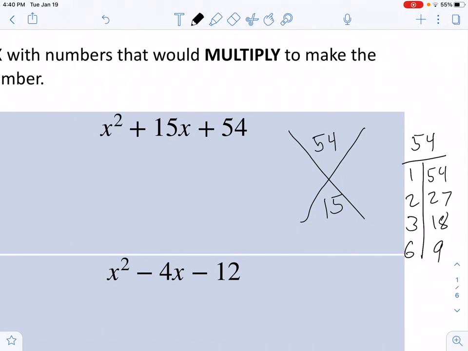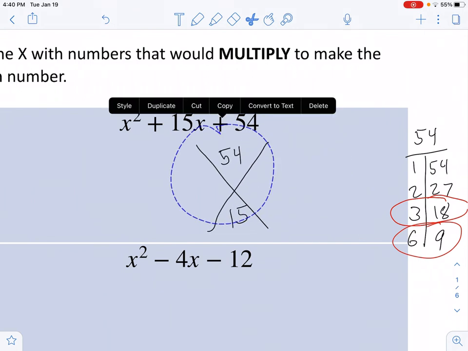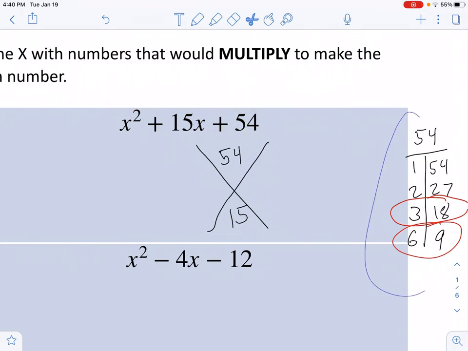So now that I've listed these, again, if you can think of it off the top of your head, that's great. But I know 6 plus 9 makes 15. But 18 minus 3 also makes 15. So here's the deal. Sometimes you'll get two numbers.